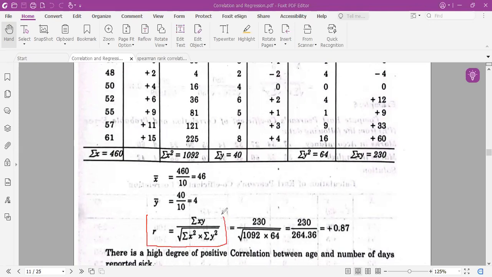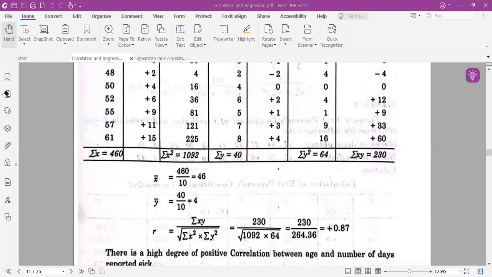What is the formula for calculating the coefficient of correlation? In case of actual mean, r is equal to sigma xy divided by square root of sigma x square into sigma y square. Here xy is small xy. Small x is nothing but capital X minus X bar, and small y is equal to capital Y minus Y bar. That is how you have to calculate here.